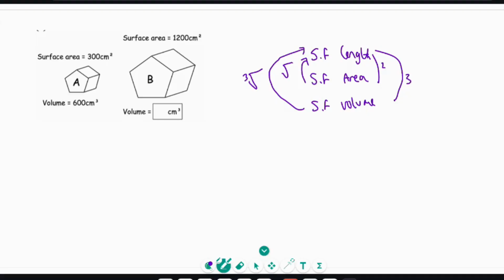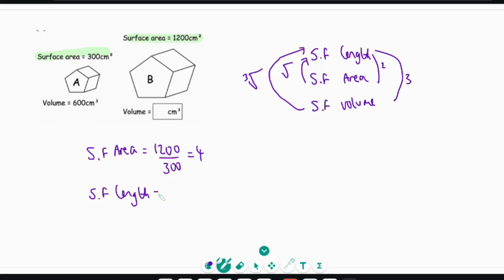So let's just look at this example. We know an area, we know an area. So we can find the scale factor for area. So scale factor for area is 1,200 over 300, which is 4. So let's go find a scale factor for length by square rooting.